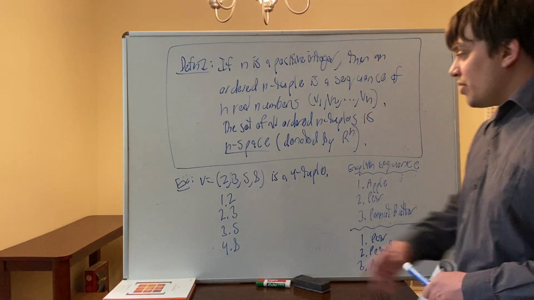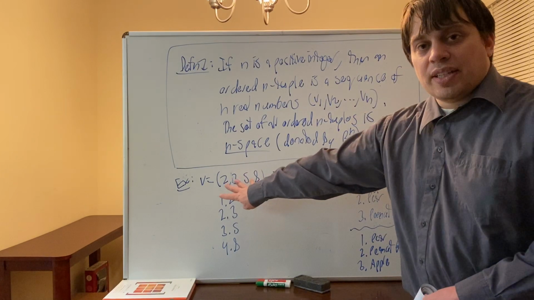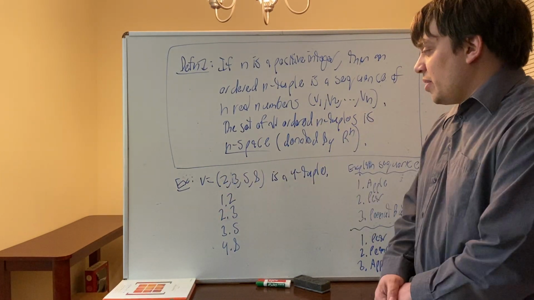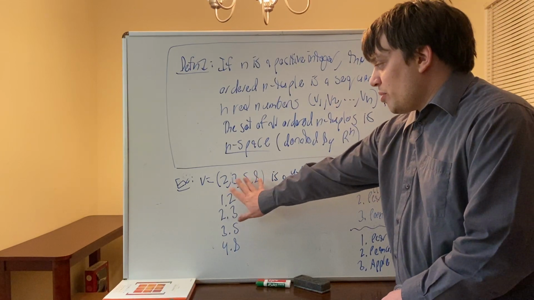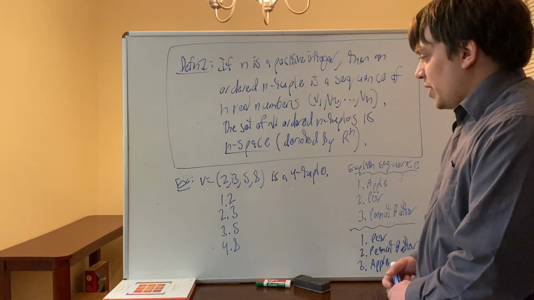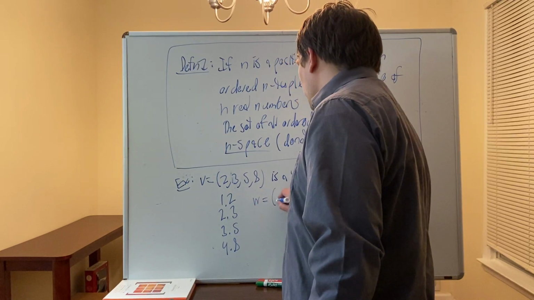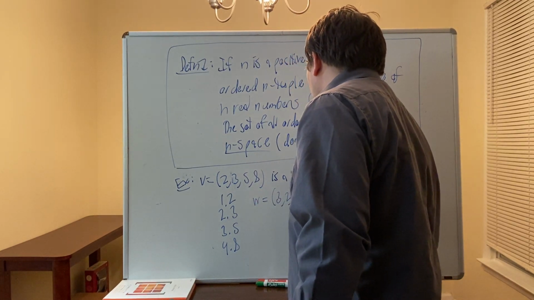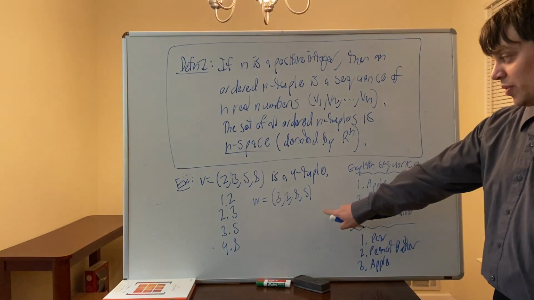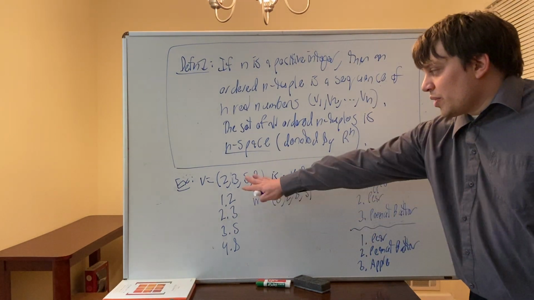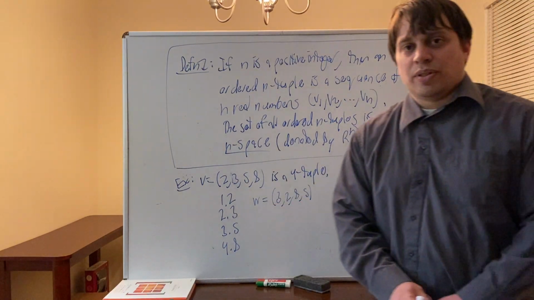This 4-tuple has 4 things in a list, but it being a 4-tuple also depends on the order that you list those 4 things in. So if you put a 4-tuple w, which is 3, 2, 8, 5, this is also a 4-tuple, but it's a different 4-tuple. The numbers are the same, but you listed them in a different order.